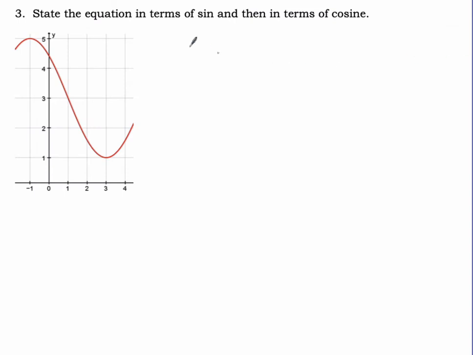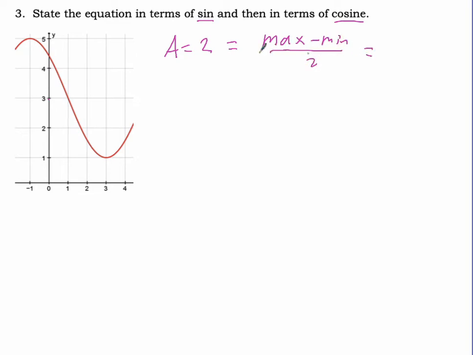Okay, let's actually look at a graph and get the equation in terms of sine and then cosine. So if we want to get this in terms of sine, let's get the things first, like the amplitude. The amplitude is from the middle to the top. Normally it goes up 1. This is up 2, right? You could also do the maximum minus the minimum divided by 2.